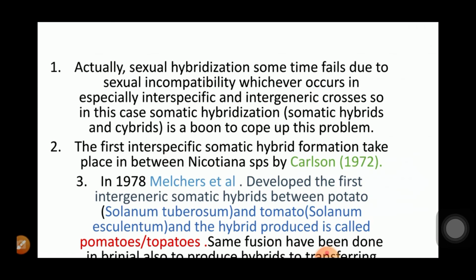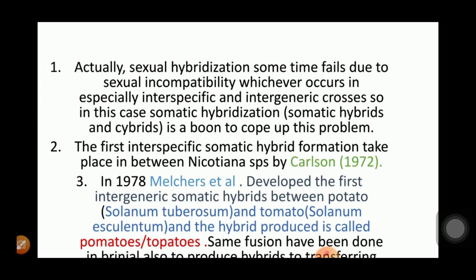Actually, the classical method of sexual hybridization somewhere fails because of sexual incompatibility. Sexual incompatibility is defined as: even though the gametes, male and female, are present, due to some structural, physiological or mechanical barrier, what happens is that after the falling of the pollen grains on the stigma, the plant cannot produce fruits.